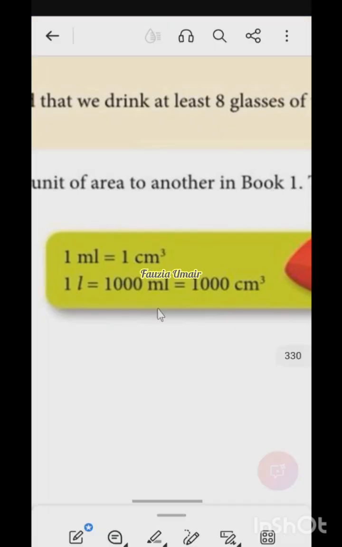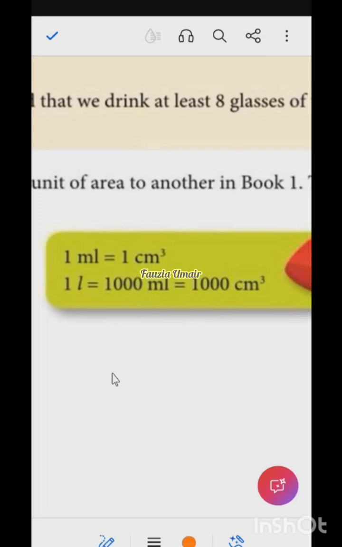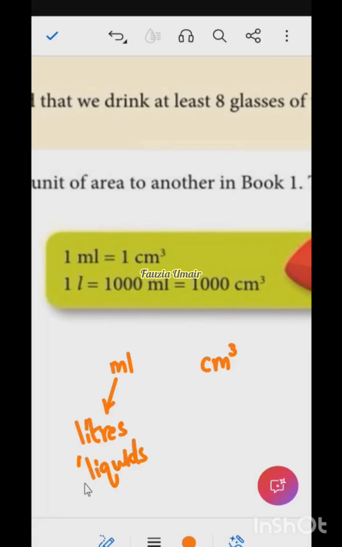Usually when we convert the units, do you know that milliliter and cubic centimeter can be converted into each other? Liter is usually a unit for liquids, we measure liquids in liters, right? But cubic centimeter or centimeter is a unit of what?